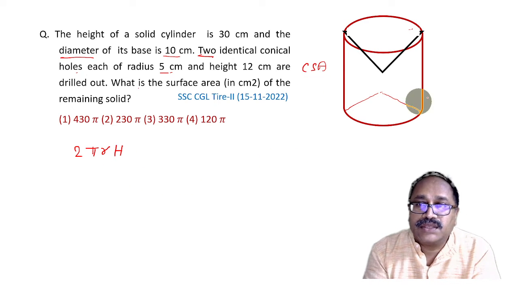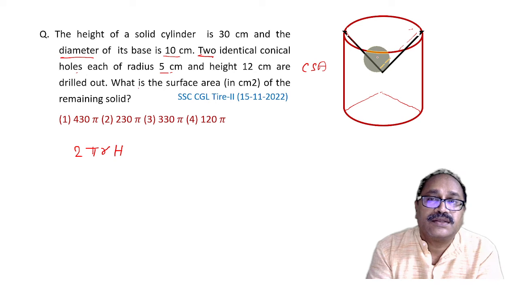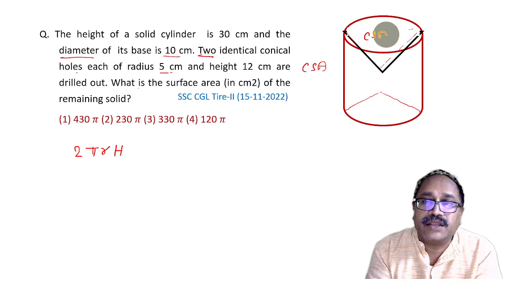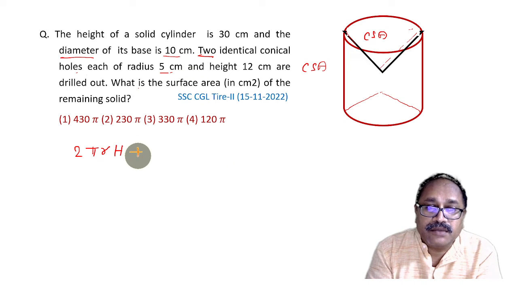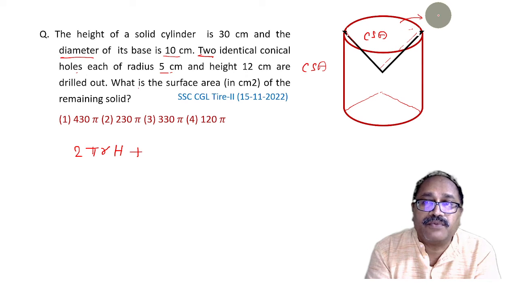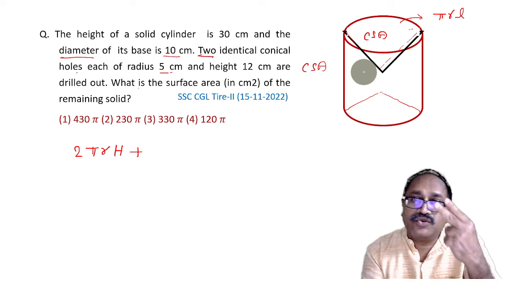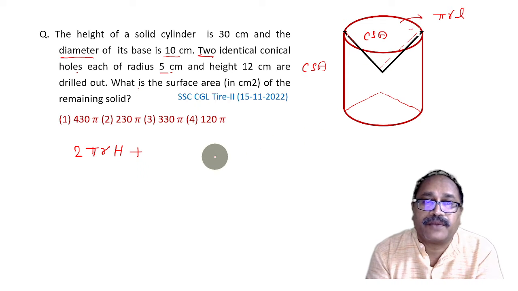Then I need to add this part, that means the curved surface area of a cone, and remember that the curved surface area of the cone has the formula pi r l, and 2 pi r l, because two cones are removed from here.